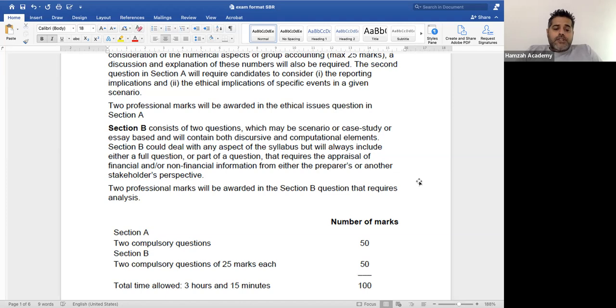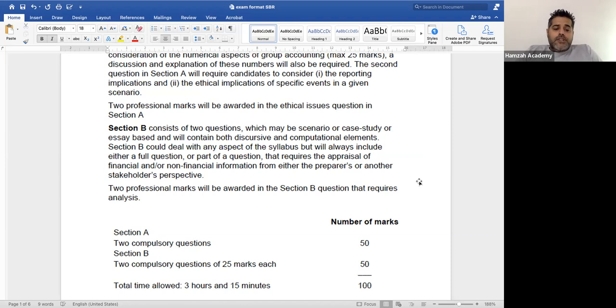So 1 question is most likely going to deal with one specific standard, where you can have parts of the question in which you will be dealing with the same accounting standard and applying it onto different situations. And the second question is going to be around 4 or 5 parts, comprising multiple accounting standards.